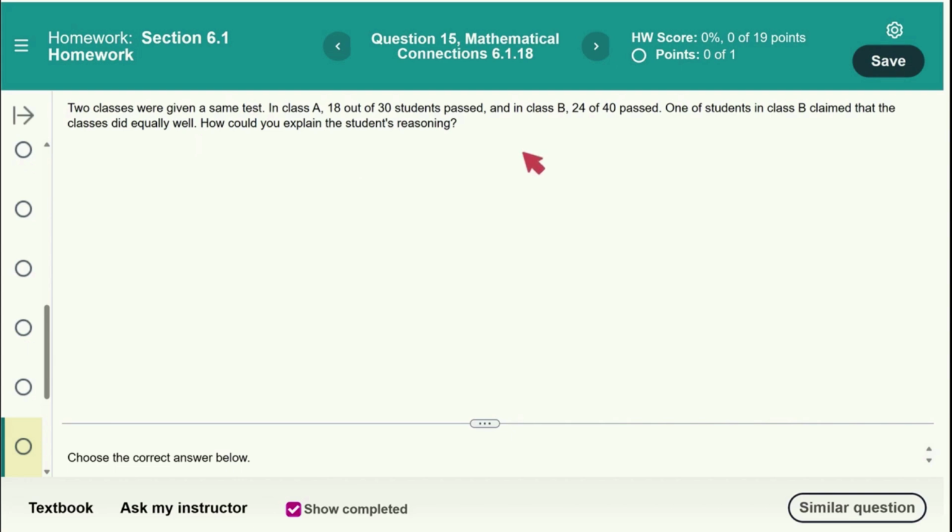Well, it seems like the student was pretty good in math because they basically figured out that 18 out of 30 is the same as, notice 6 goes into both 18 and 30, so 18 divided by 6 is 3, and 30 divided by 6 is 5. Also, if we look at 24 out of 40, we know that 8 goes into 24 3 times and 8 goes into 40 5 times. So in both cases, 3/5 of the students passed. So therefore, yes, they did equally well.